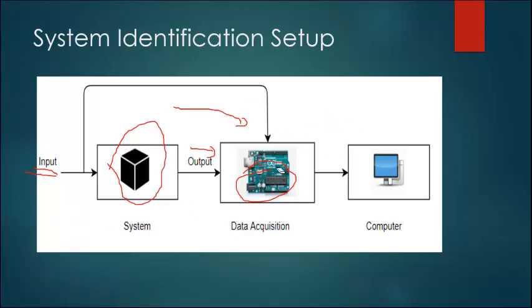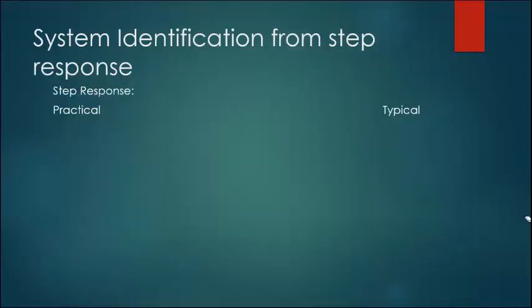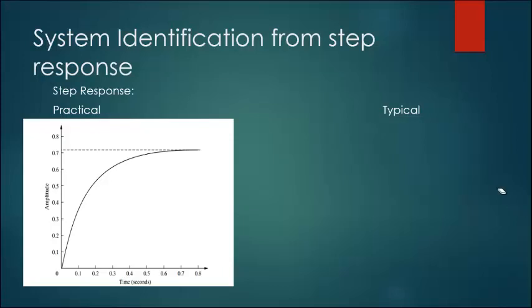We take our system and give it a step input, and after that we record the system response from the output, and we draw it using computer software like MATLAB, and we end up with something like this.